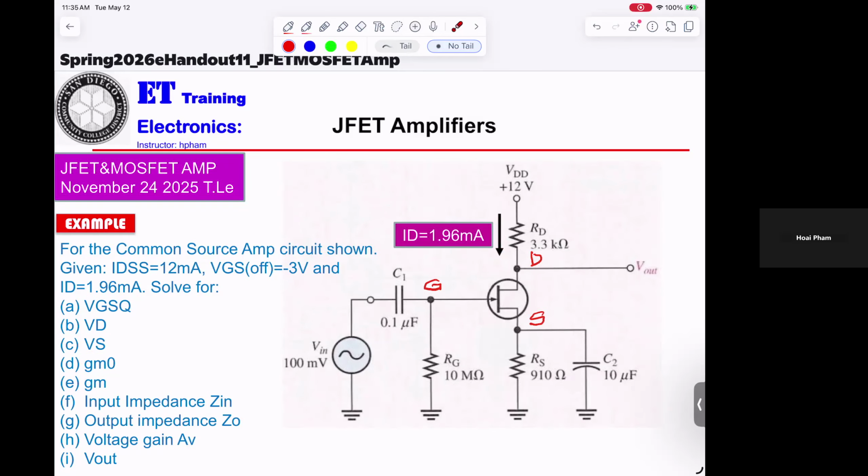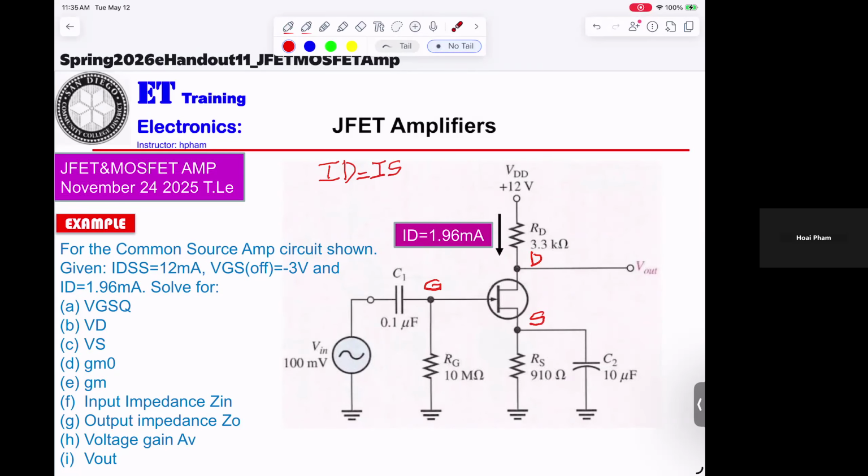Okay, make sure you know in the JFET at the time ID equal IS. Okay?